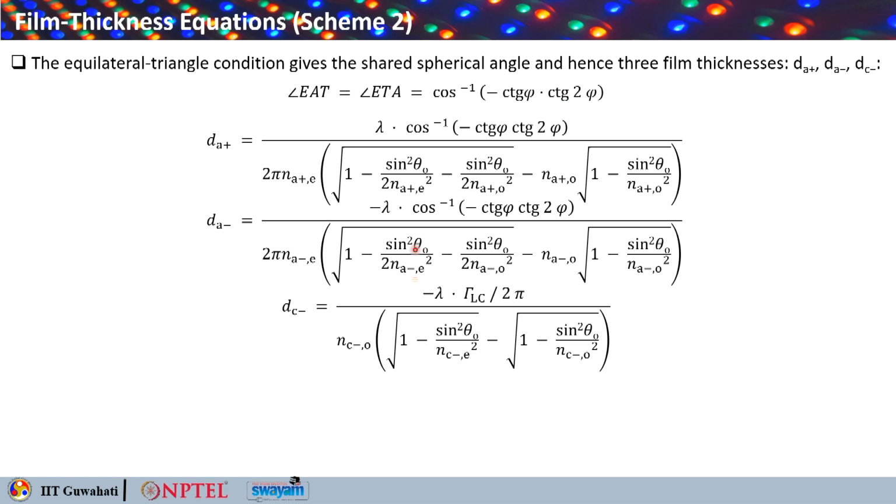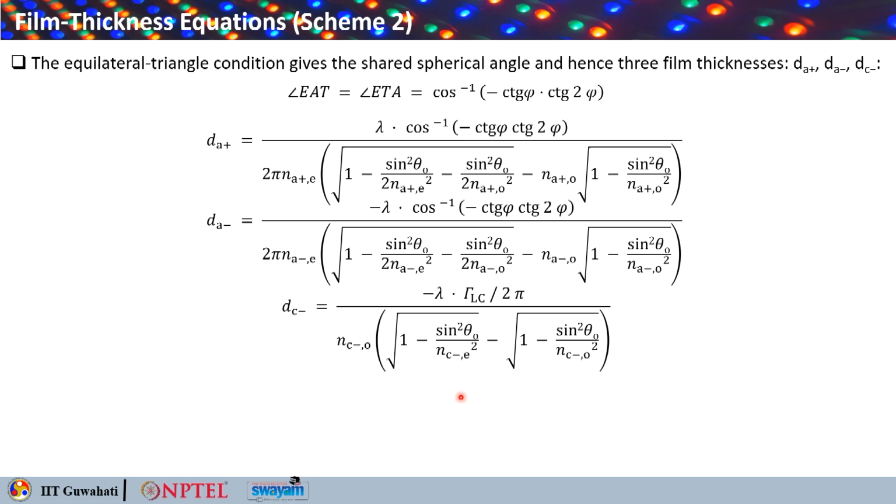These are the equations that give you the values of the film thicknesses. They are converting the shared angles plus the liquid crystal retardation into the 3 physical film thicknesses that are required to specify this particular scheme.